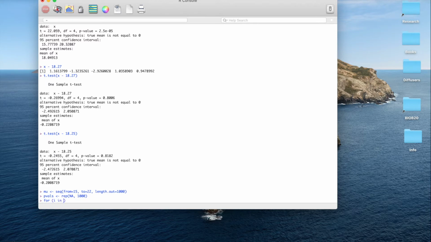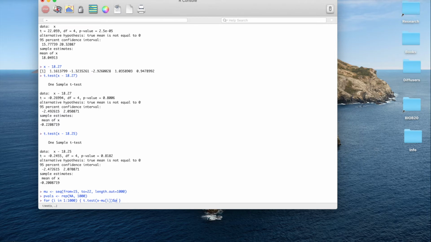I'm ready to create the for loop. I say for i in 1 to 1,000. In the body of the for loop, I write t-test. The sample is x minus mu, the value that we want to test. And I use square bracket i so that I extract the ith value from the vector mu.